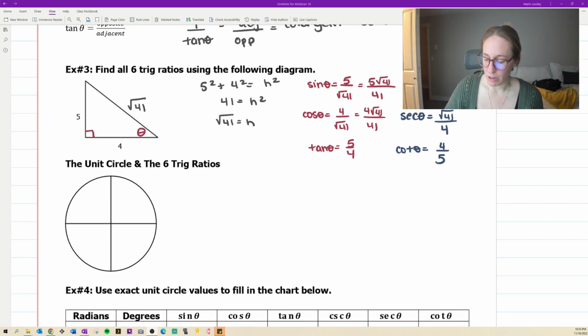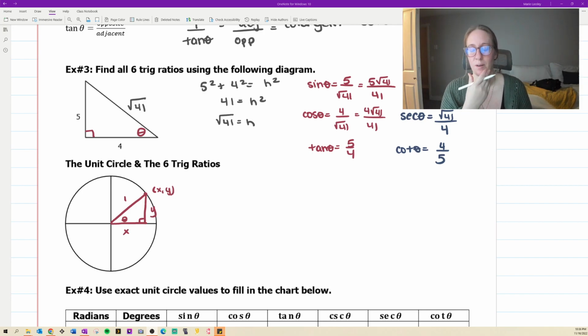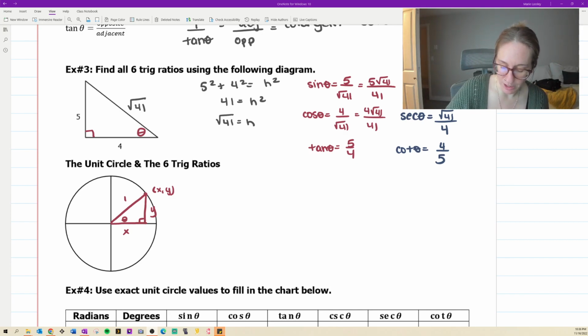Okay, so with our unit circle, remember, a unit circle is just a circle with a radius of 1. Here's just the normal setup. In our unit circle with a radius of 1, if I were to do my trig functions, sine theta, we know that sine is opposite over hypotenuse.